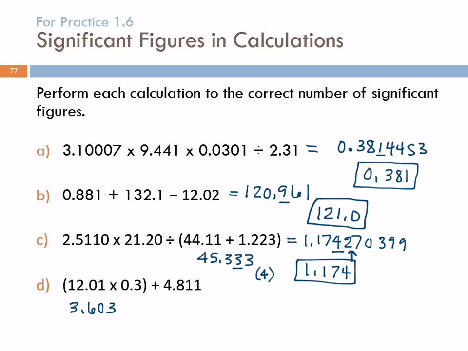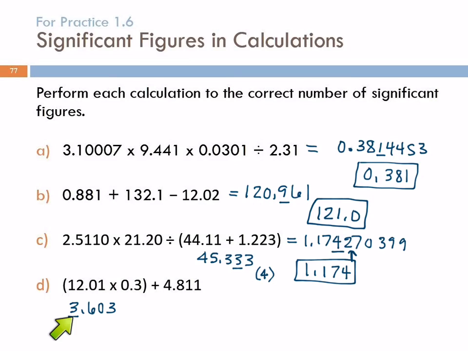We're multiplying, so we're going by number of sig figs. 12.01 has 4 significant figures. 0.3 has 1 significant figure. So this only has 1 significant figure. But we don't want to round it off yet. We're going to wait till the end.